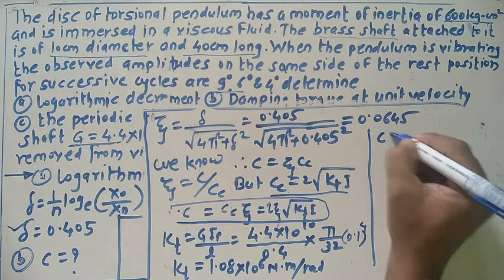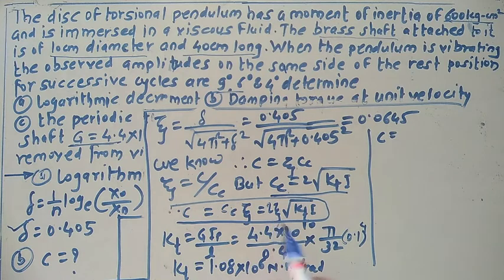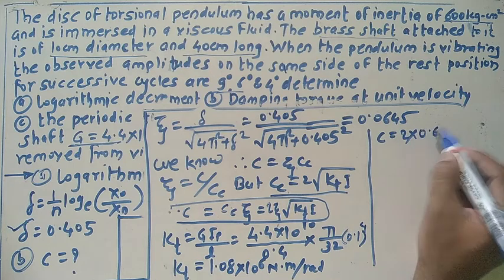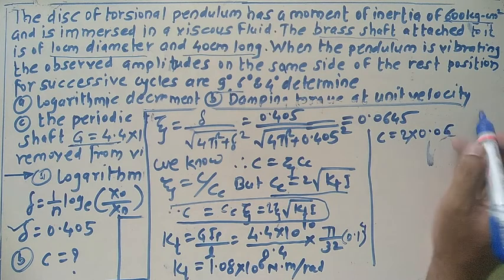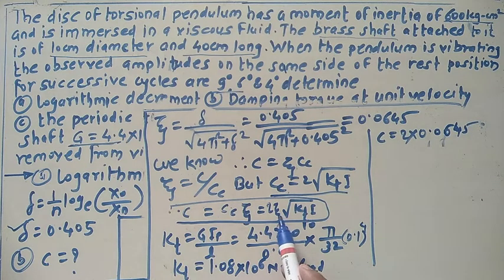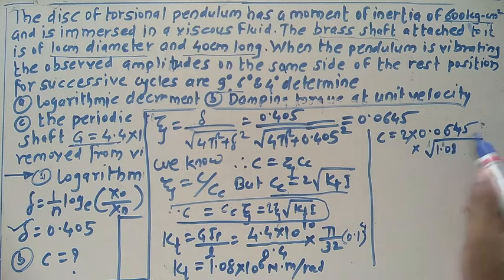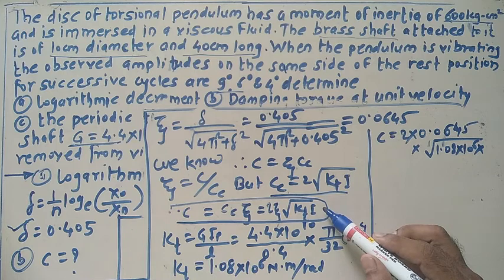Once you get the value for kt, what about C? C equals 2 multiplied by zeta, which is already calculated as 0.0645, multiplied by the square root of kt, 1.08 into 10 raised to 6, multiplied by I, the mass moment of inertia.